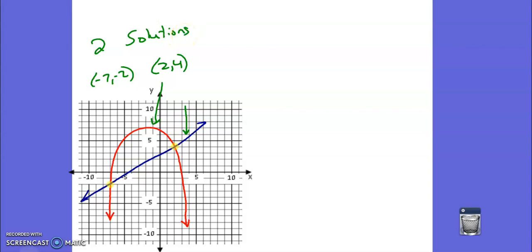Now it's also possible, when you graph a parabola and graph a line, that it only hits at one spot. So there would only be one solution.